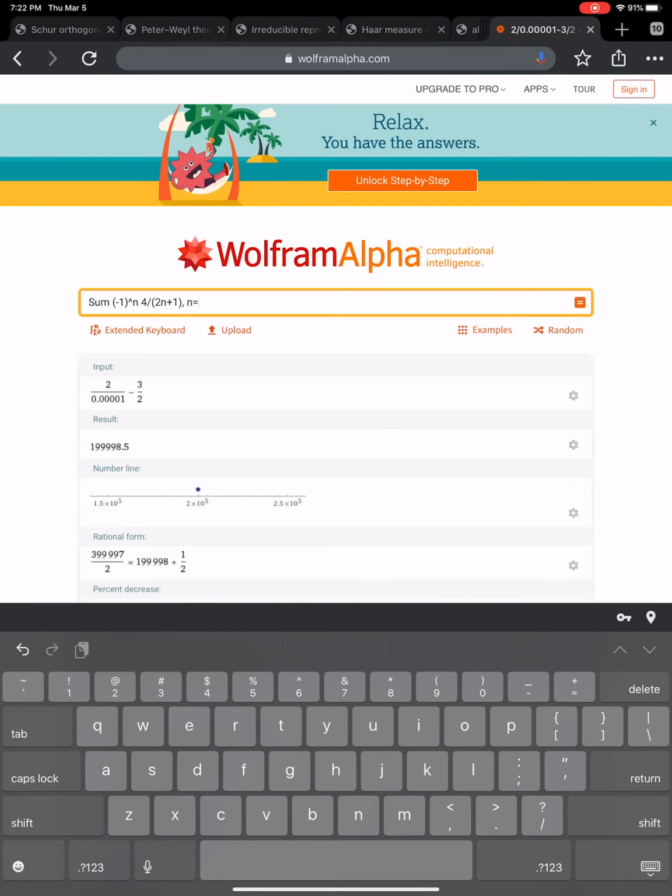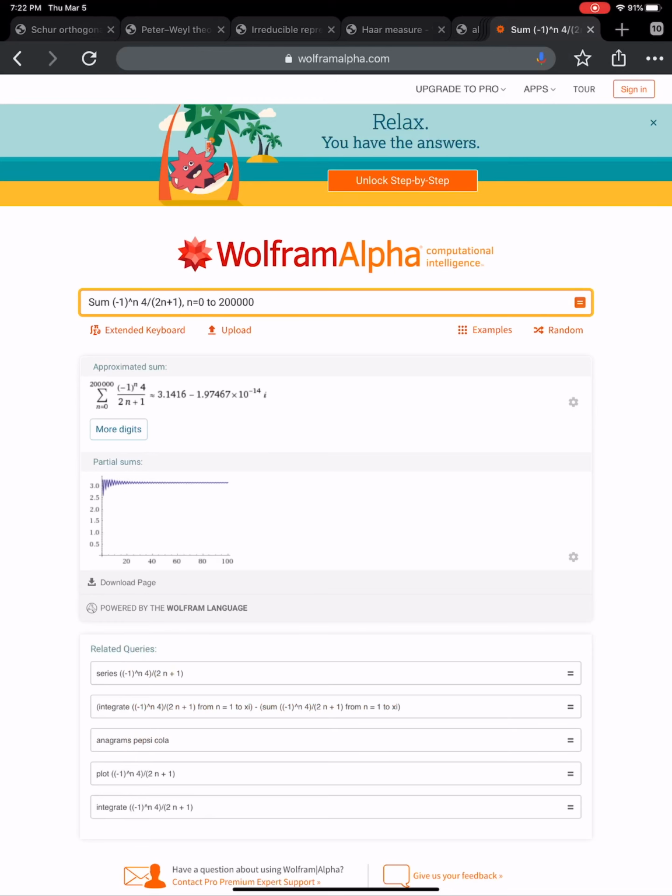This is the advantage because a calculator can do this pretty easily for me. So in here we are adding the first 200,000 terms, and we see that the approximation, if I want I can find more digits of this, is going to be 3.14, 15, 97, 65, and so on.